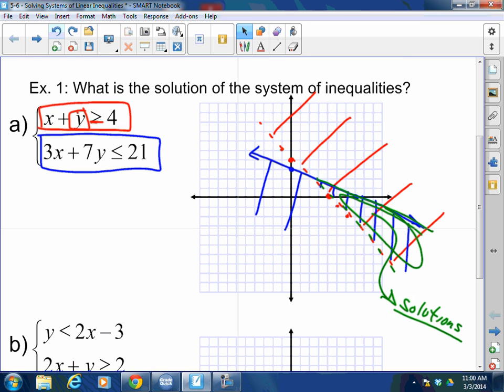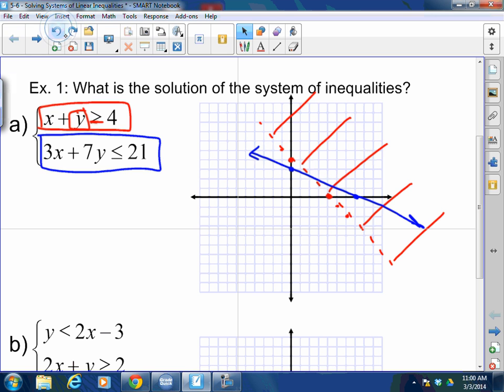I want to show you something that I like to do, but I wanted to show you the answer first before I did it. You know that you're looking for the overlapping area, right? You already graphed and shaded your first red line. Now you're graphing and shading your second blue line. I could shade this area, but is it worth anything to shade that area?